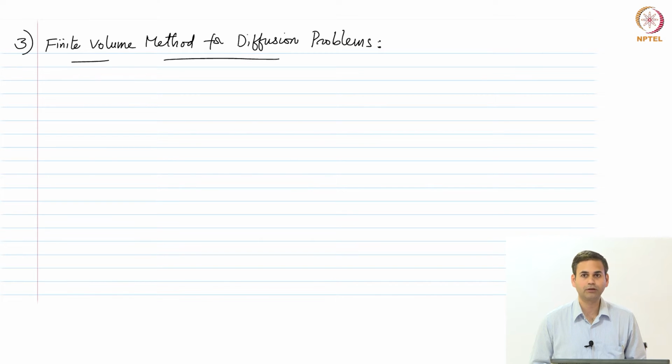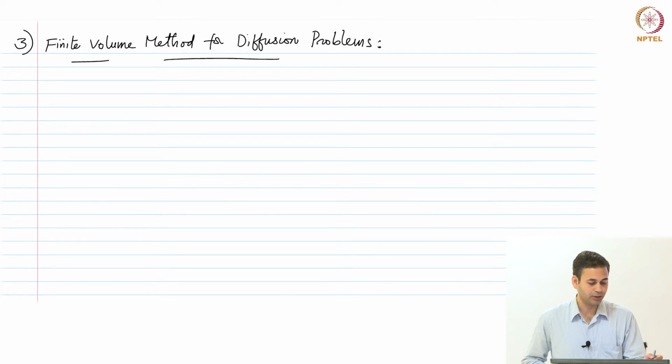So we are going to redo some of this with some emphasis on the source terms and the discretization, and then, depending on the time, we will take up one problem in one dimension and try to solve it, at least get the discrete equations. Okay, so that is the agenda for today's lecture.